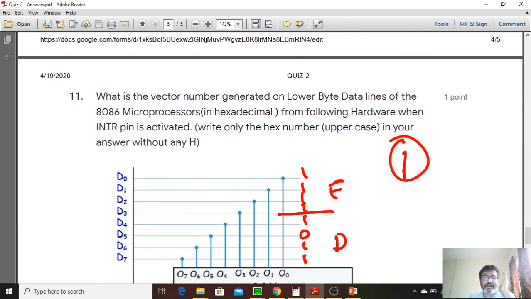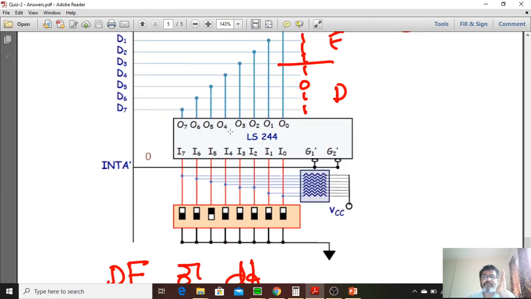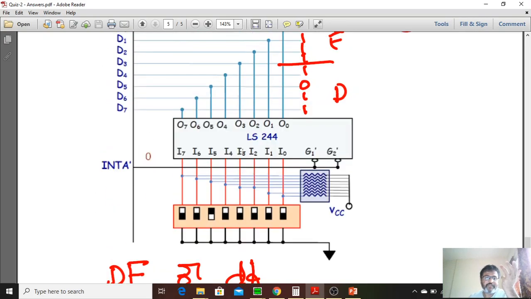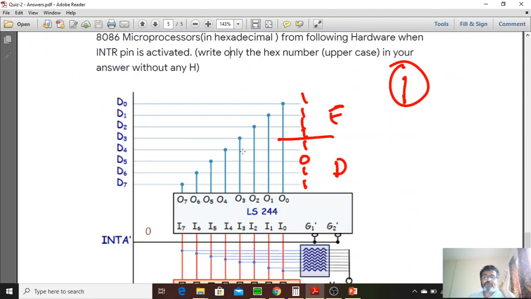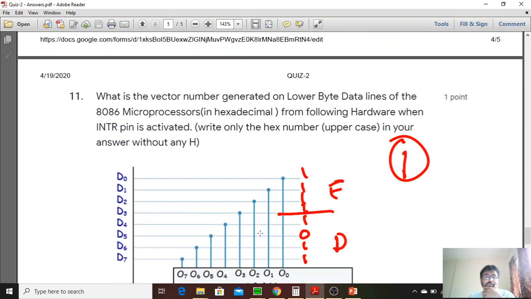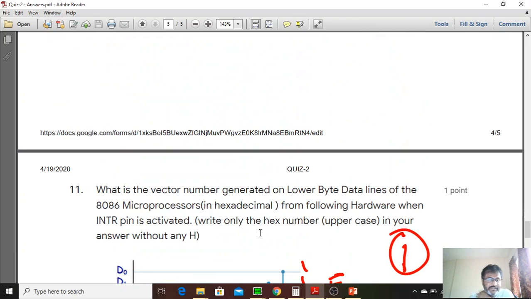That's why it said here, write only the hex number, uppercase especially, in your answer without any H. It's clearly mentioned here that you would write only the hex number, that is DF. DF is the correct answer. Some people may write small df, that also can be considered. Okay, right? So now I think this video clarified whatever is supposed to be the answers for this.